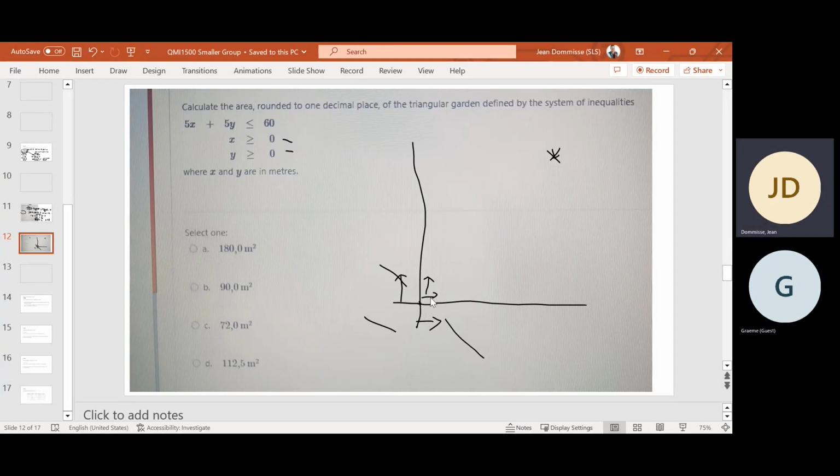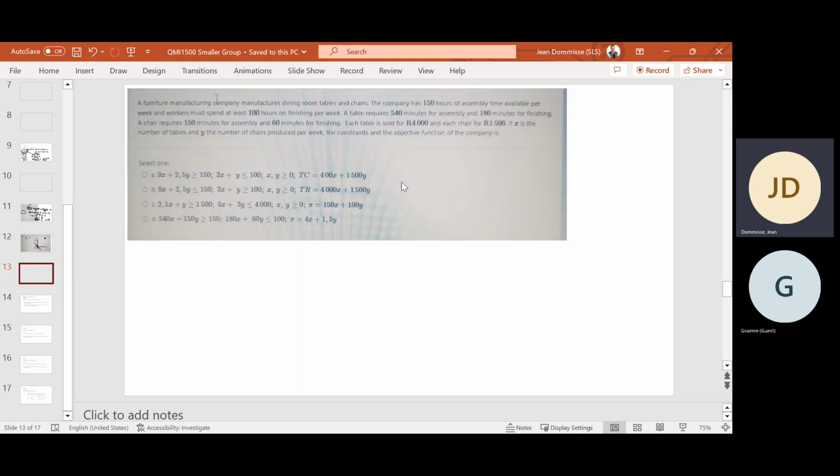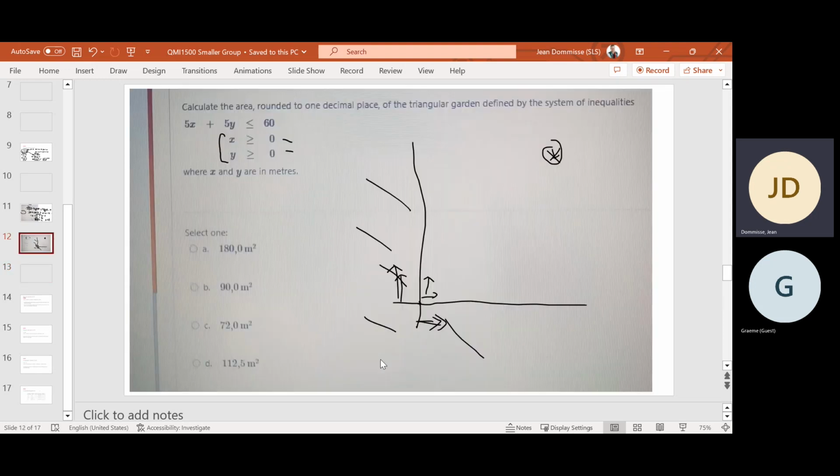Okay, perfect. So basically, if I look at these two, it shows us y must be bigger than 0, x must be bigger than 0. So you basically will only work in this quadrant. These other 3 quadrants you will not work in.